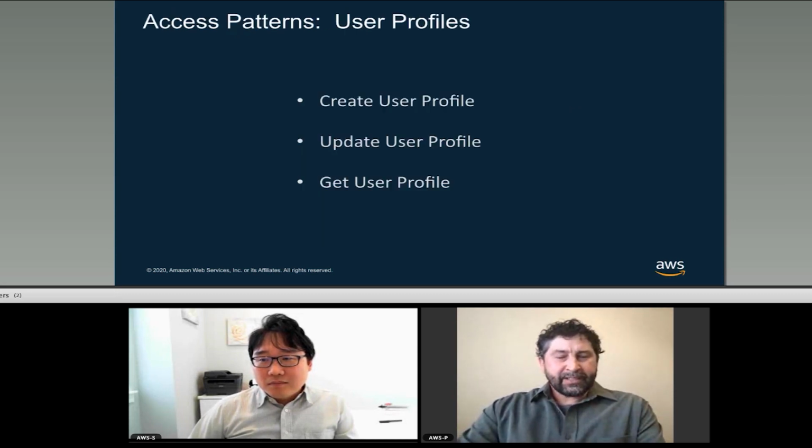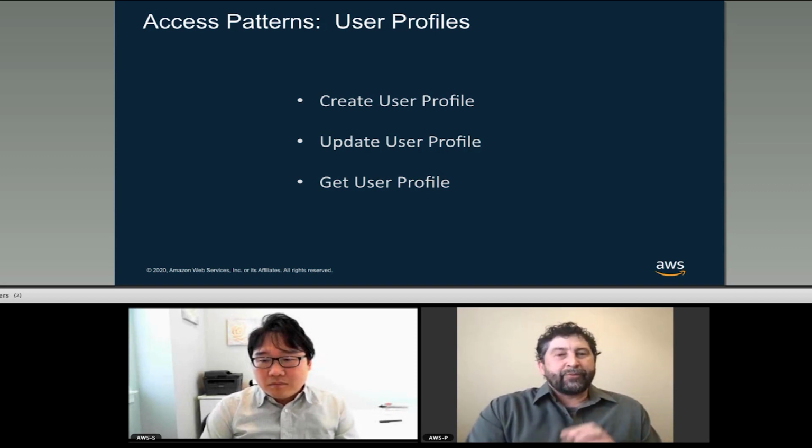So the next thing we want to do is really think about our access patterns. And we can break this down across the various different users or different parts of the application. The first is that we're going to have user profiles. So we need to be able to create a user profile, update user profiles, and get that user profile.